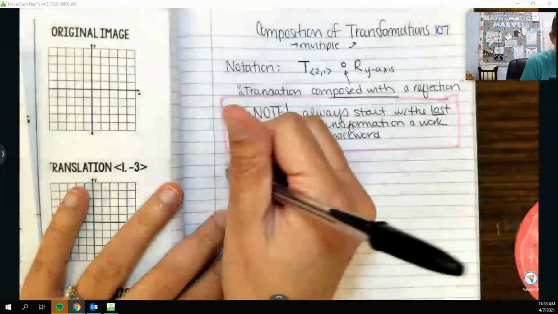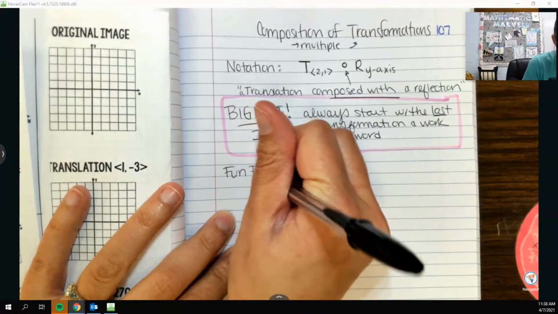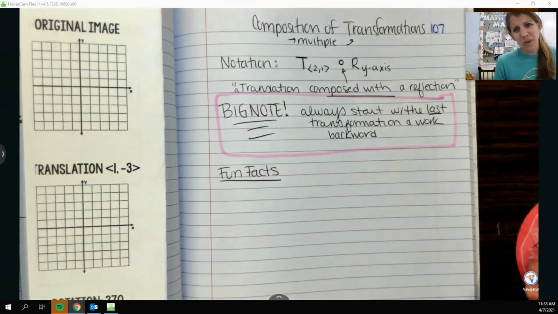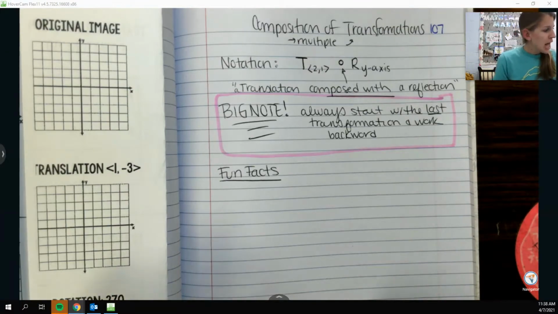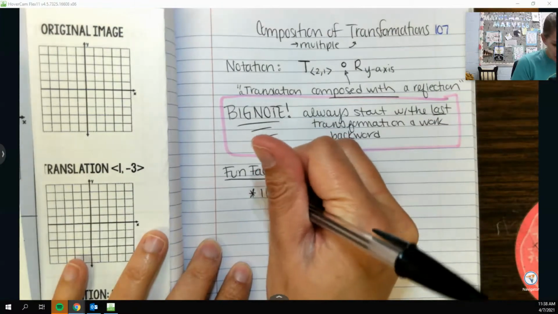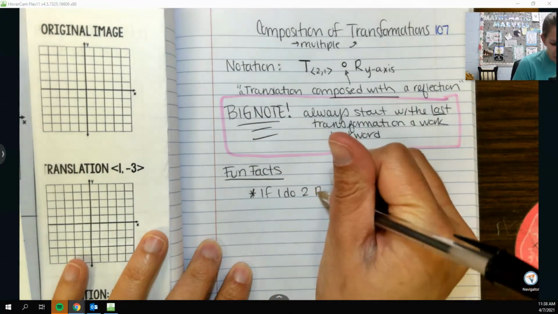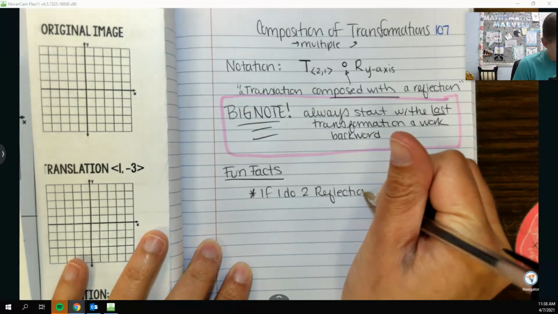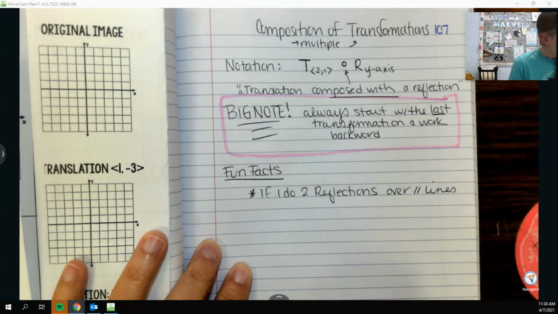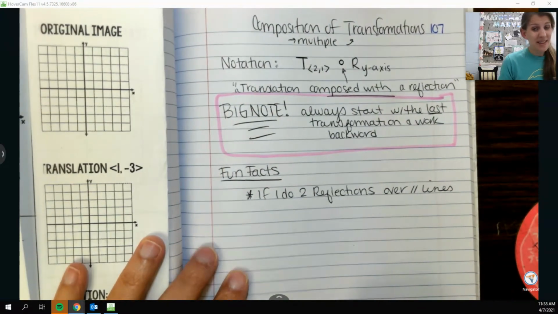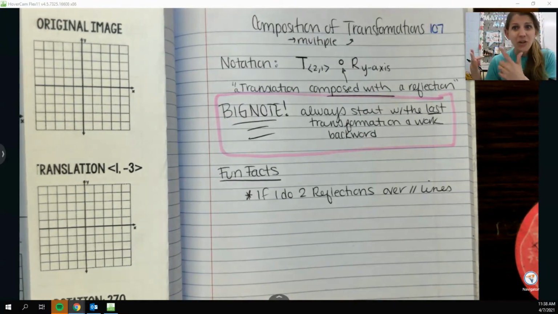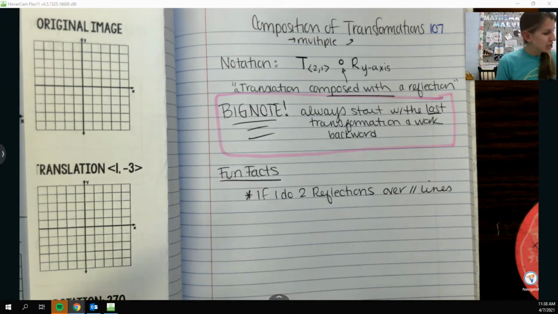But I also wanted to tell you some fun facts. Normally, if we had more time, I would have us do a little investigation about this because it's super interesting to see it happen yourself. But here are some fun facts about doing multiple transformations. If I do 2 reflections over parallel lines, then your final image, so if you start with one, reflect, reflect, that final image doesn't look like a reflection anymore.